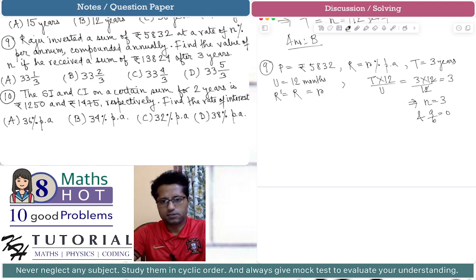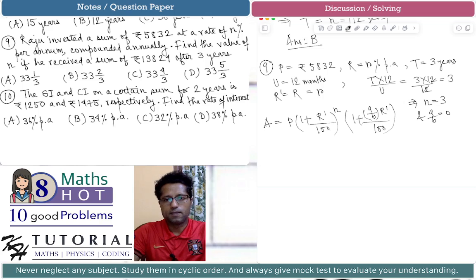Okay, so now let's write down the general formula. Amount is equal to P multiplied by 1 plus R dash divided by 100 to the power small n multiplied by 1 plus a by b multiplied by R dash divided by 100. Okay, so we have the value of A. A is given to be 13,824 and P, the initial sum, is given to be 5,832.